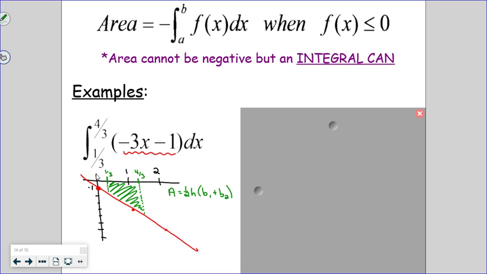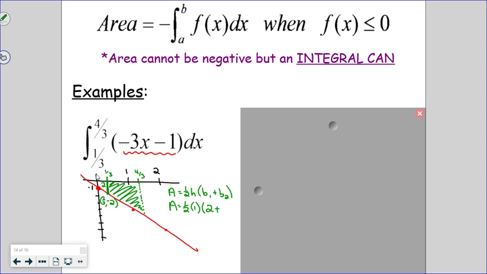Now, when I'm finding an area formula, I would be doing positive lengths here. What is the distance between our bases? 1. From 1/3 up to 4/3 is a distance of 1, right? And then our bases, remember, come from plugging that into our function. Now, when I plug this into my function, I do get a negative length, which normally we're not supposed to have, and I'm going to talk about 2 different ways you could attack this. If I plug 1/3 in here, -3 times 1/3 would be -1, -1 would be -2. So this point right here is 1/3 comma -2, which means this base has a length of 2.